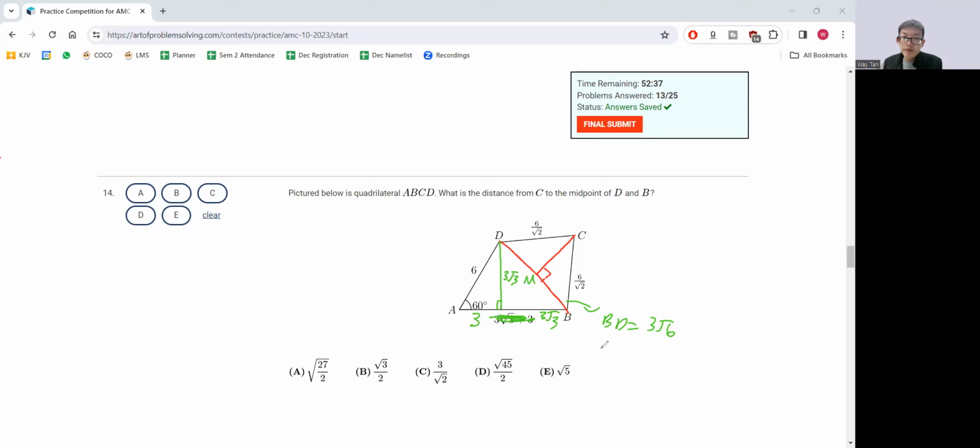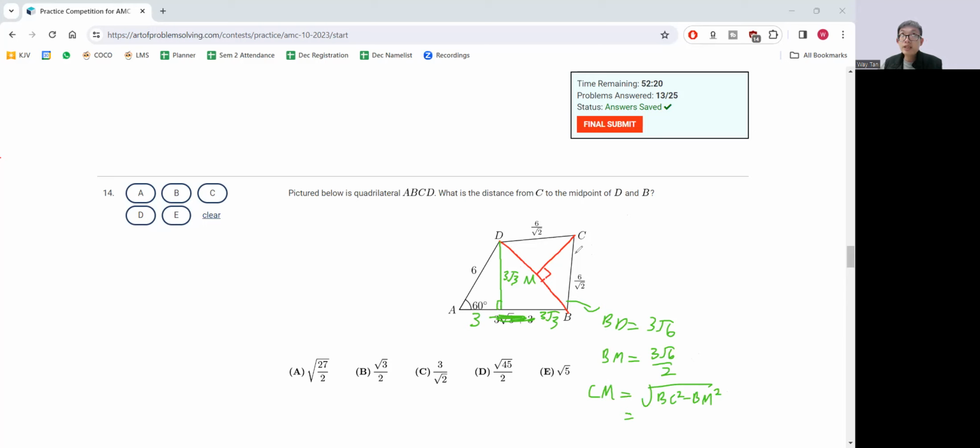So if I call this M, BM is 3 root 6 over 2, and CM, which is what I want, is the square root of BC squared minus BM squared.